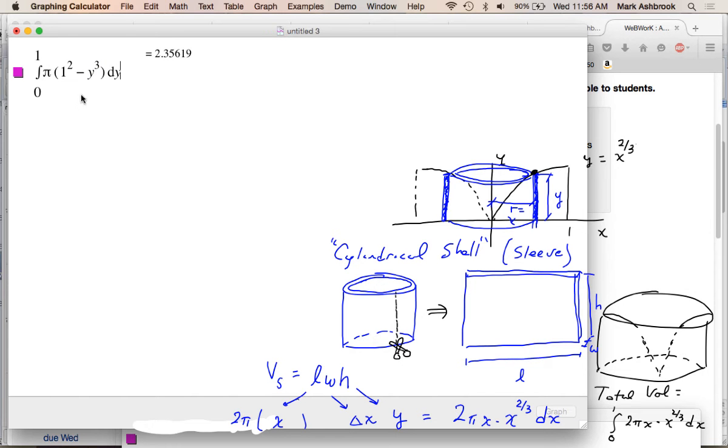Was that the whole thing? Okay, so that's what we got using the washers, right?